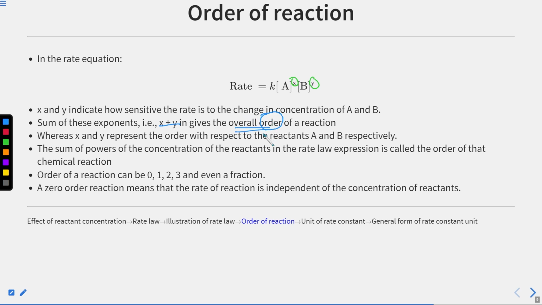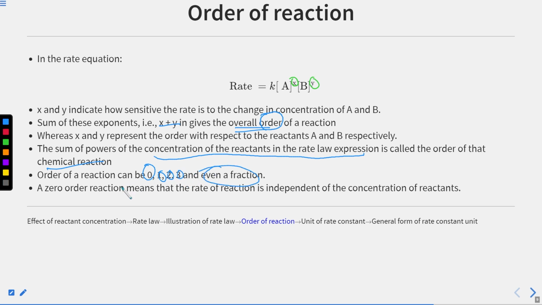If you talk about the individual orders, X is the order of reaction with respect to A, and Y is the order of reaction with respect to B. The same thing is written here. The sum of the powers of concentration of reactants in the rate law expression is called the order of that chemical reaction. Now, order can be 0, 1, 2, 3, and even a fraction.